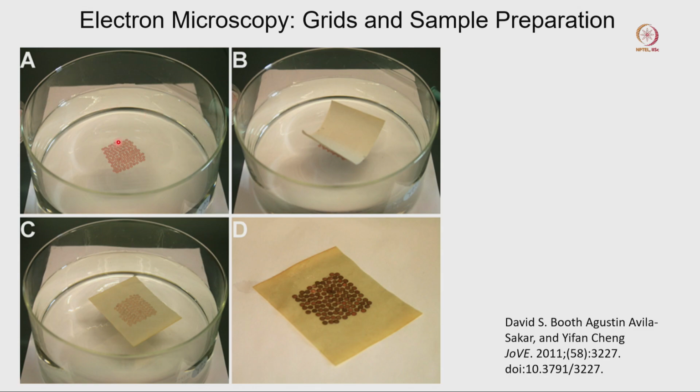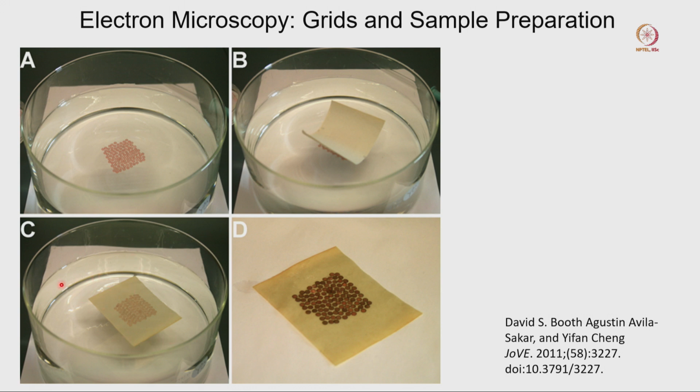When you place all the grids on top of that plastic, there is a specific paper. You can take this specific paper and place it on top of these grids, and this paper will soak the water, and then it will spread like this.